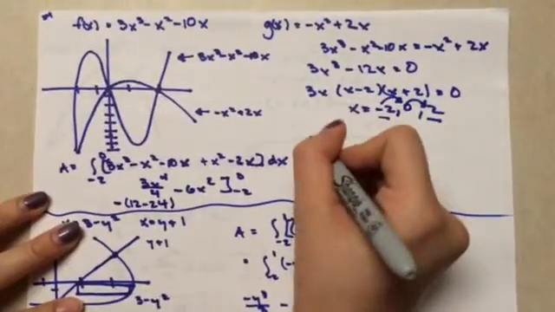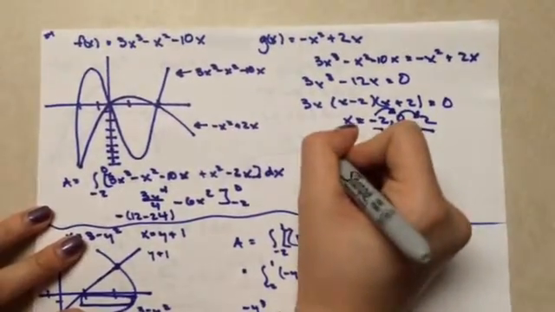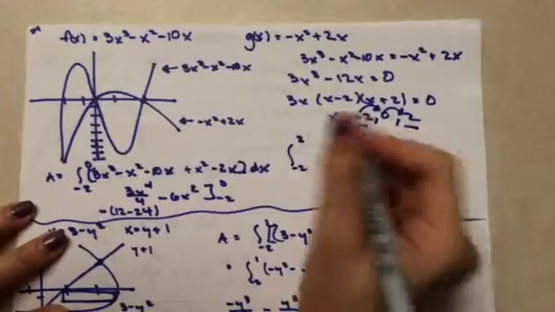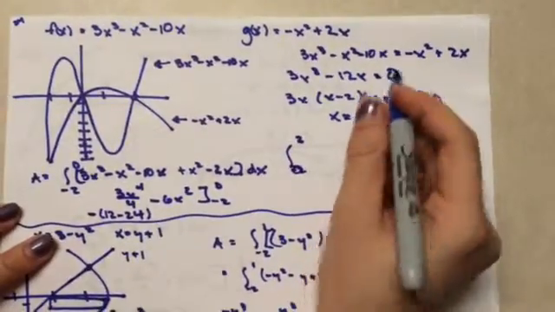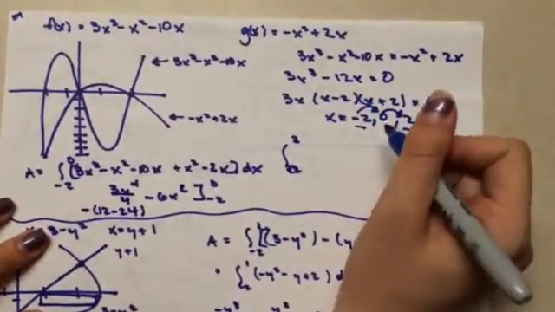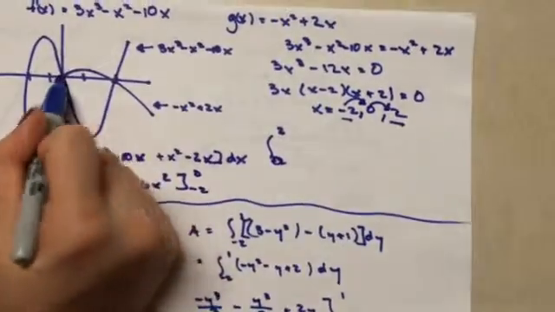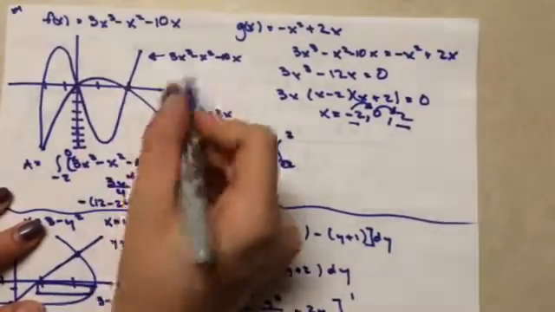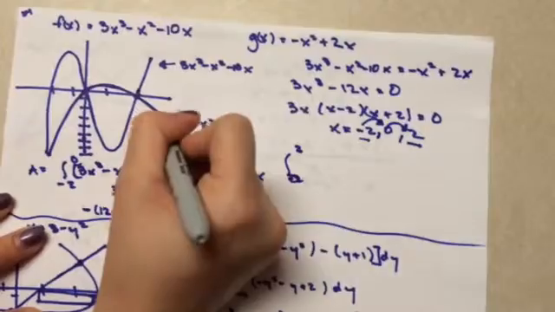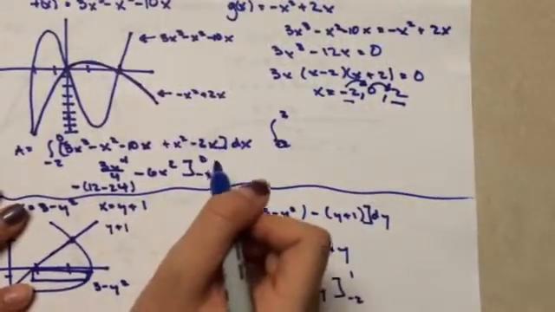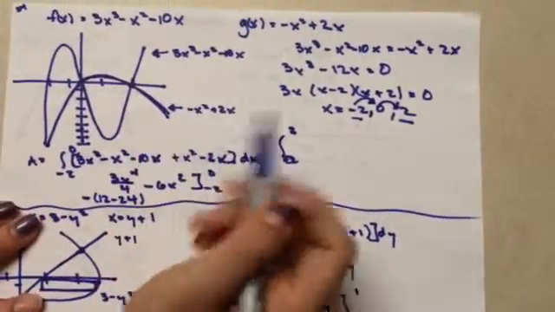And then we're going to take the integral from 0 to 2. And this is going to be g of x minus f of x, because we see from 0 to 2, g of x is actually higher than f of x. So it's top minus bottom, so we're going to take g of x here.